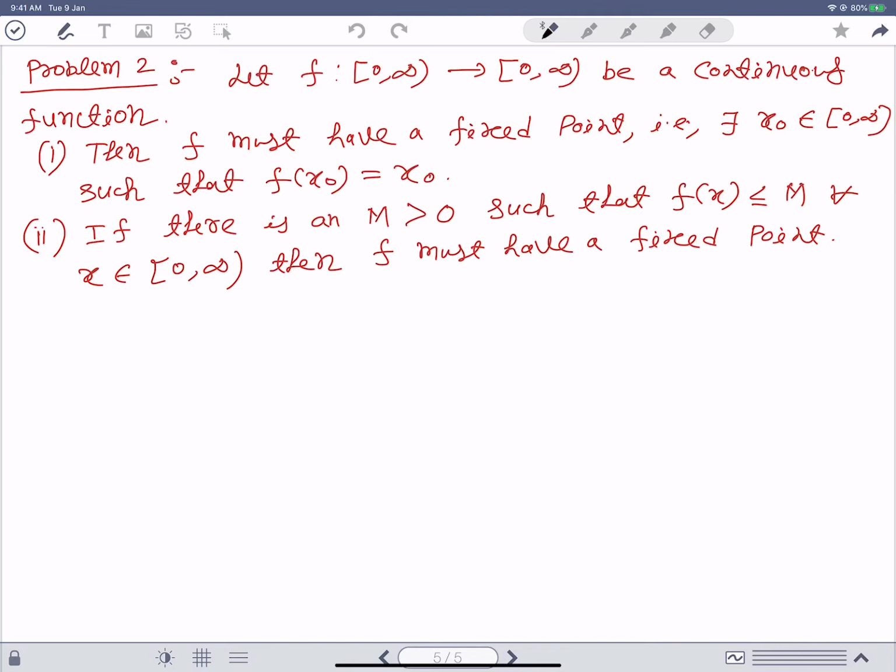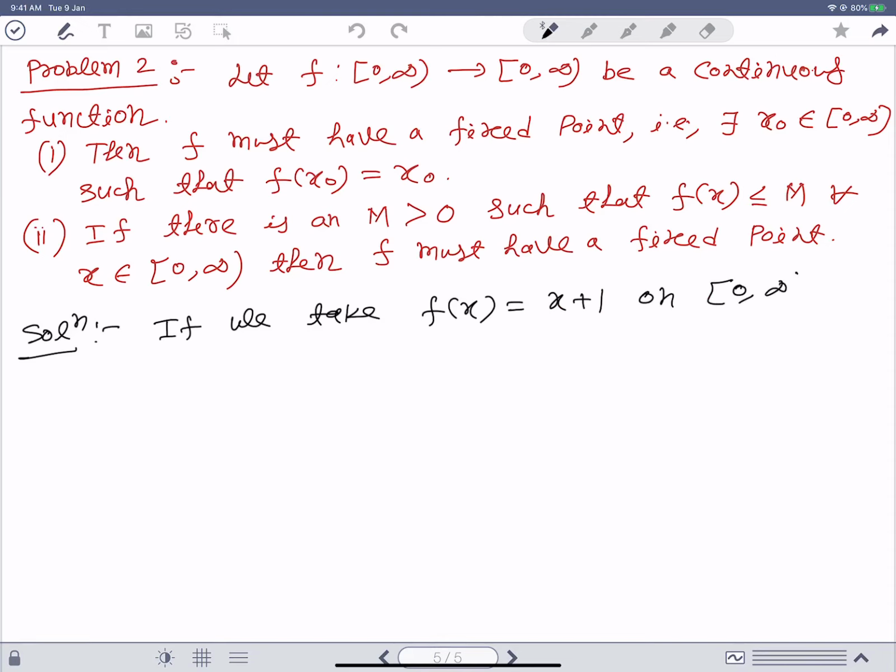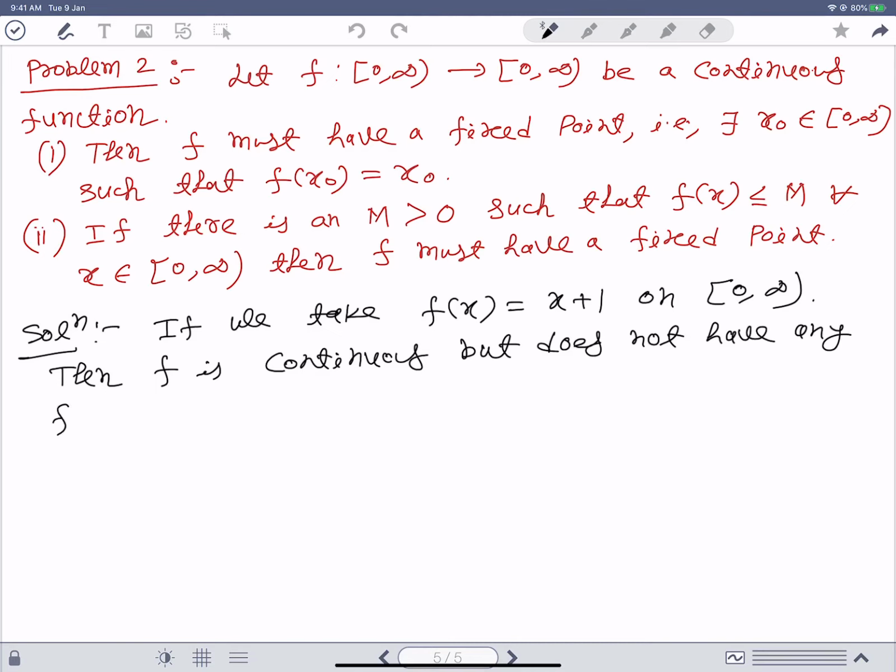So here is the solution. First of all, part 1 is not true, because if we take, say, f of x equal to x plus 1 on the domain [0,infinity), then f is continuous, but does not have any fixed point.